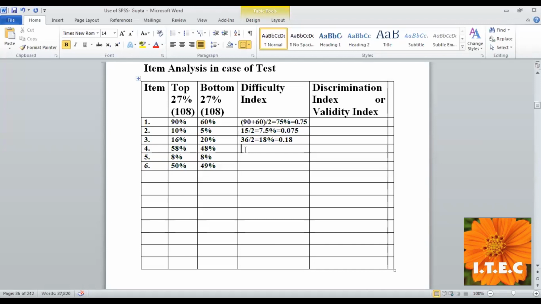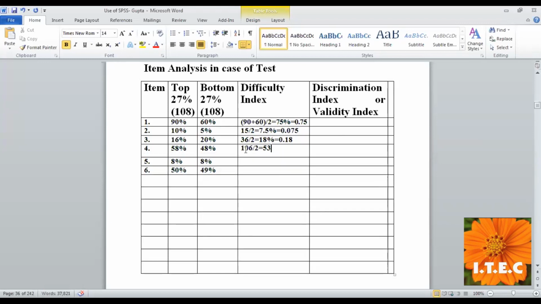This will be 58 plus 48. So it is 58 plus 48, this is 106, and divided by 2. So this will be equal to 53%.